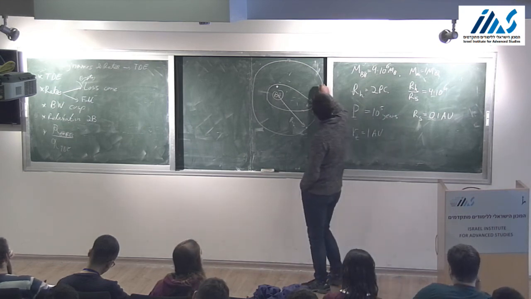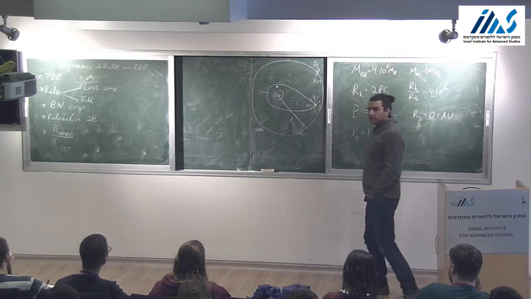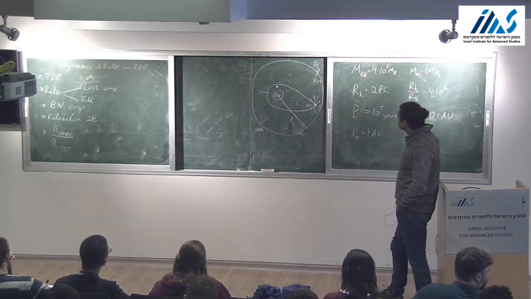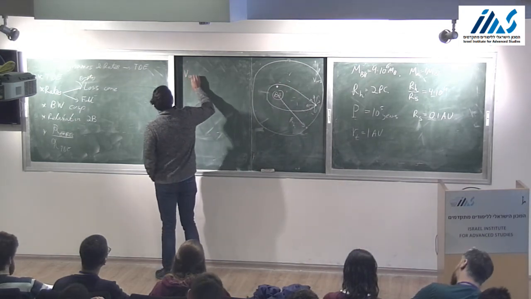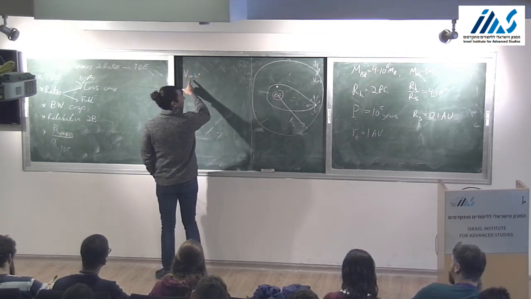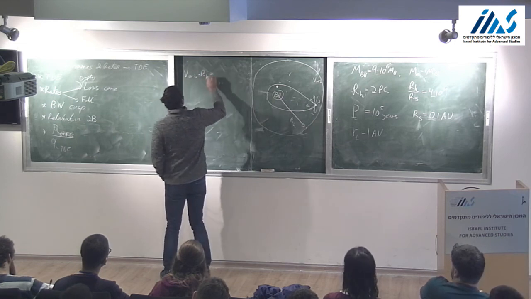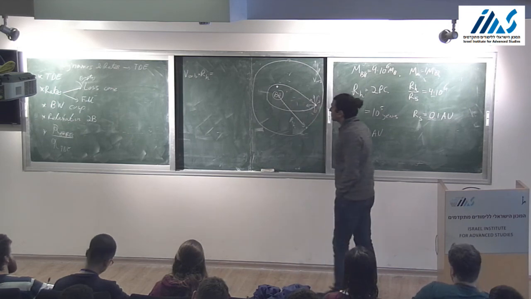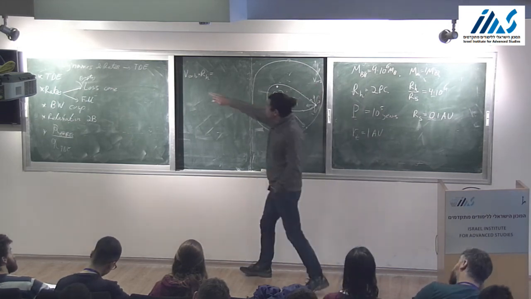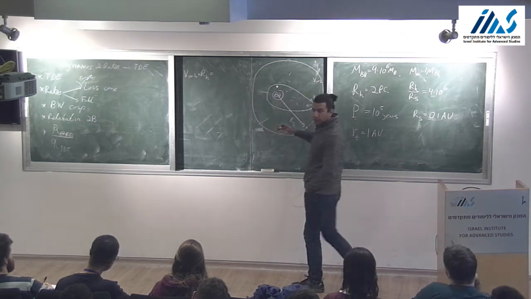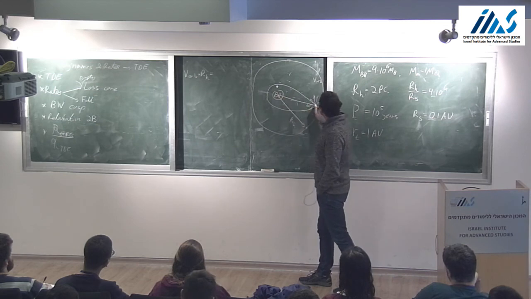So we have some velocity here at the radius of influence, and the angular momentum per unit mass of a star that is there is the orbital velocity times that radius of influence. Velocity times this is the angular momentum if the velocity is perpendicular to the distance from the black hole, so for a circular orbit.